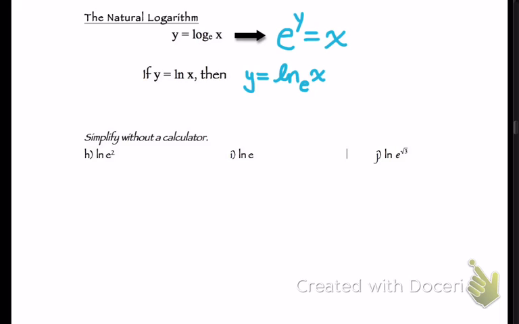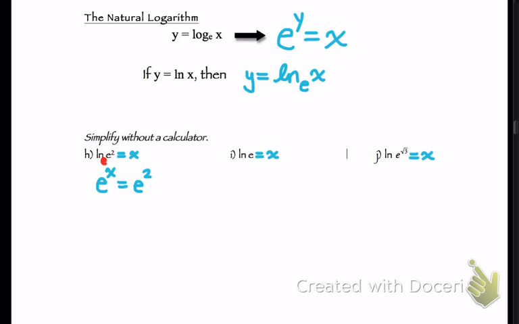So letter H, simplify without a calculator. Basically I'm asking you what do these three equal? Same deal. I see it's written as a natural log. I know the inverse is to write it as an exponent. Remember, if there's nothing written there, it's understood to be in base e.